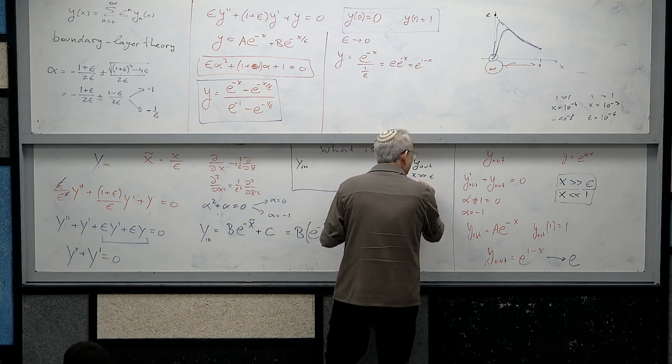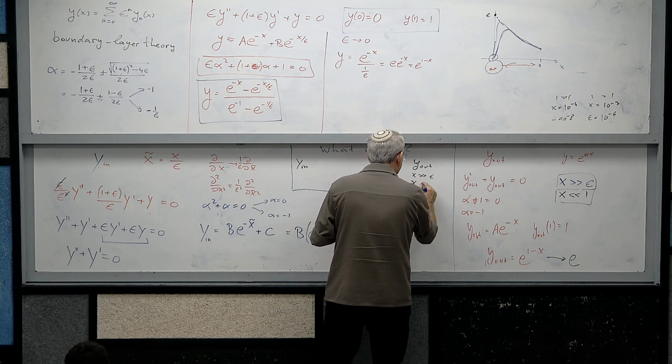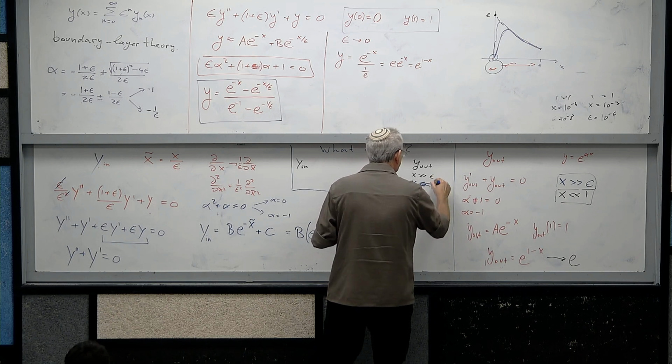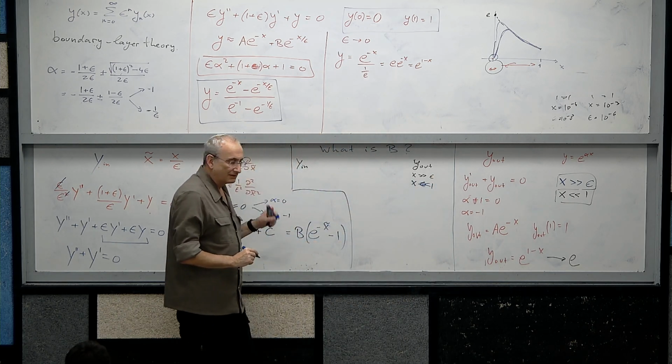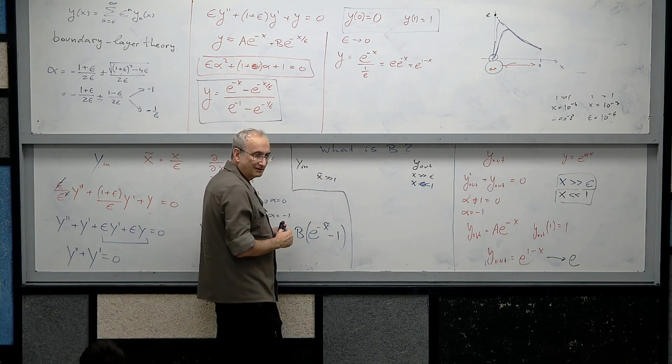We added an assumption that x is much smaller than 1, and there is no contradiction between the two. Here I would like to add the assumption that x tilde is much larger than 1.